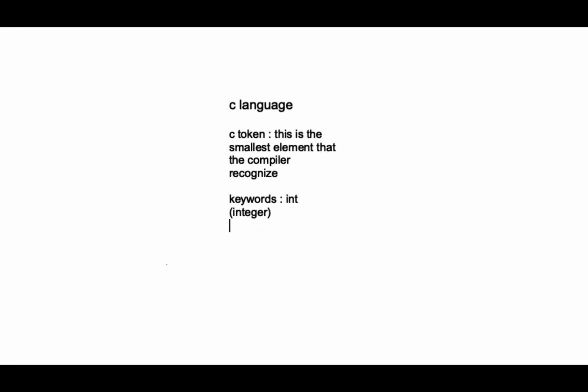So I'm going to delete that. So int actually means you're trying to tell C language that you're introducing a number. Because a computer doesn't understand anything except what you tell it.